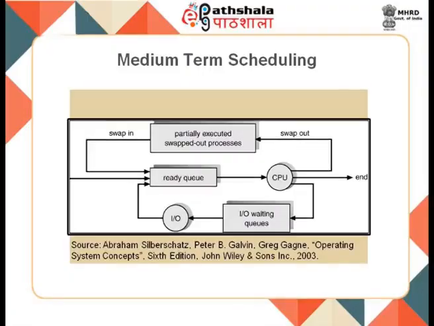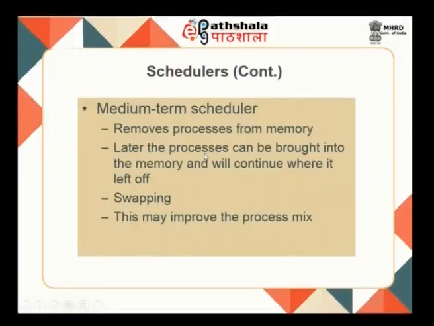Then some other process which is partially executed but still present in the main memory can be moved to the swap device, the secondary storage device, and then you can bring in the required process into the main memory. So, these partially executed processes being swapped out and later swapped into the ready queue in the main memory is done by the medium term scheduler.